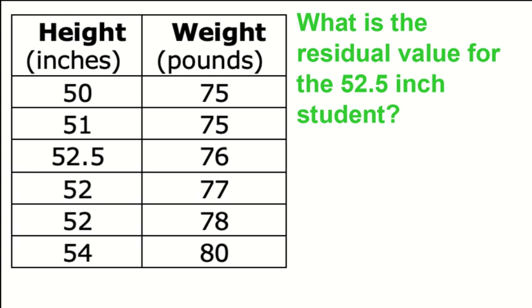So we got negative, say it again, Aiden. 1.56. All right, how many of you got something different? A few of you got something different.